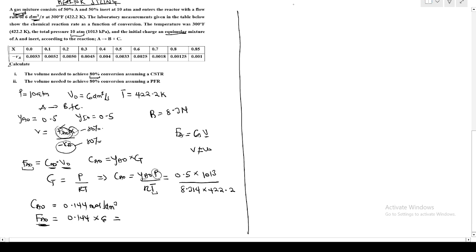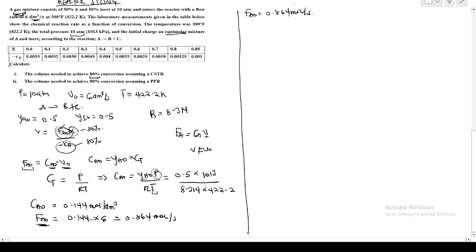So 0.144 times 6 gives us 0.864 mole per second, because this is in mole per dm cube and this is dm cube per second, so they cancel out. We have our FA naught to be 0.864 mole per second.